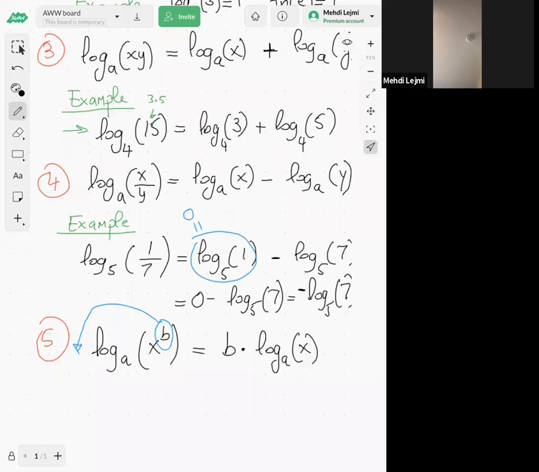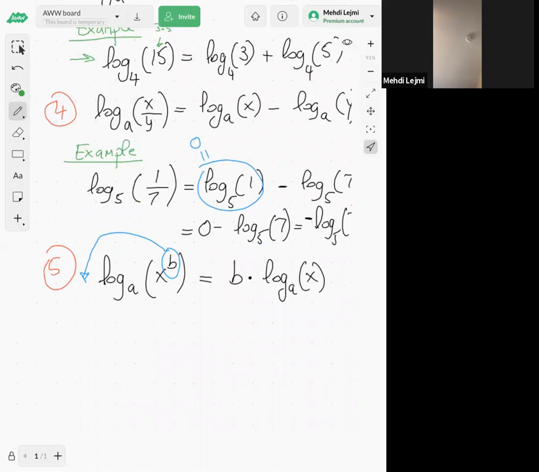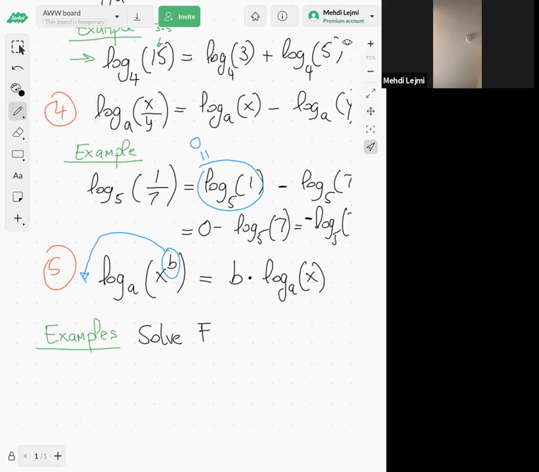Okay. So for example, examples. Let's say you want to solve for x.